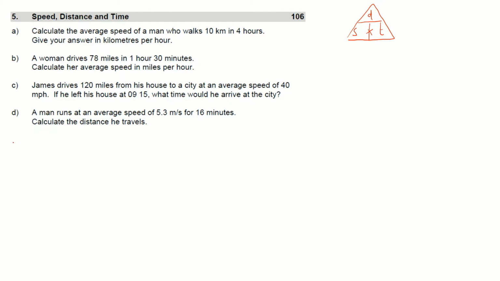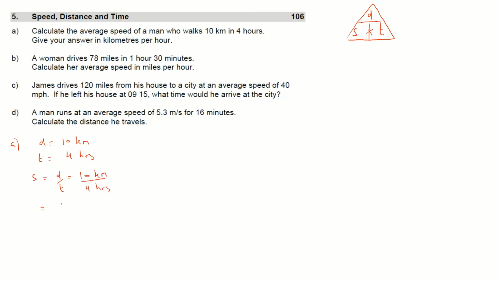So question A. Find this average speed. Remember, average speed just means the speed, okay? Who walks 10 kilometers in 4 hours. Okay, so for this one, my distance is 10 kilometers. And the time is 4 hours. Remember, find the speed. Speed equals distance over time. So that's going to be 10 kilometers, make sure you put the units down, over 4 hours.